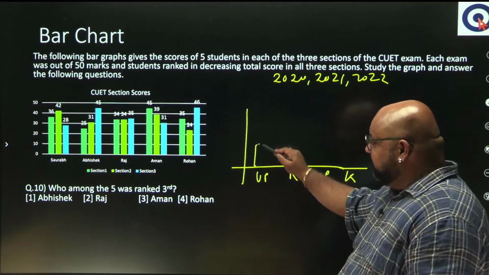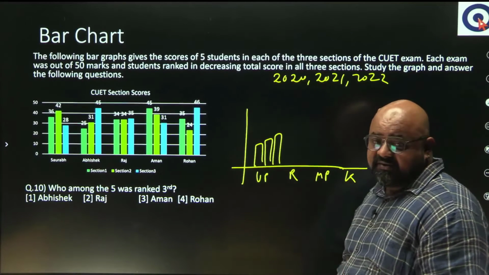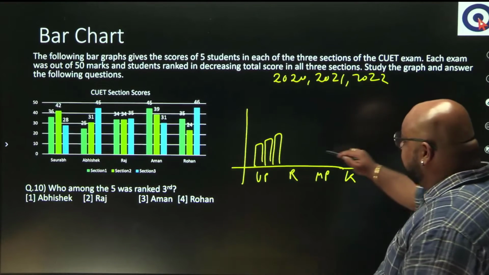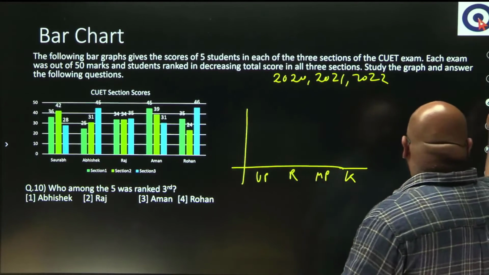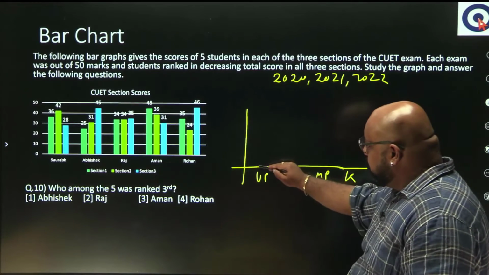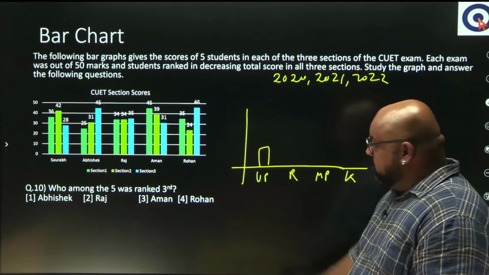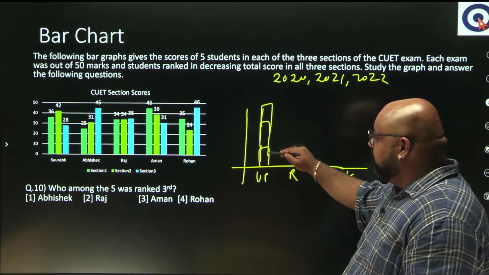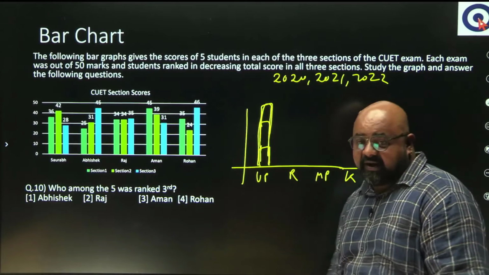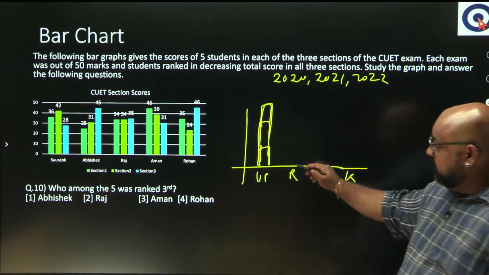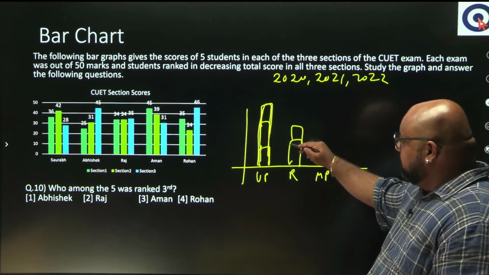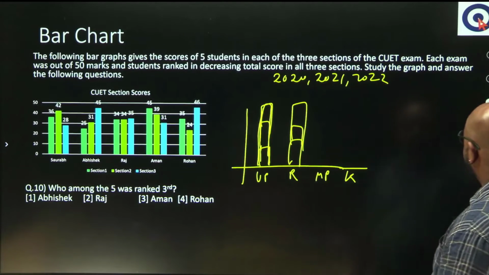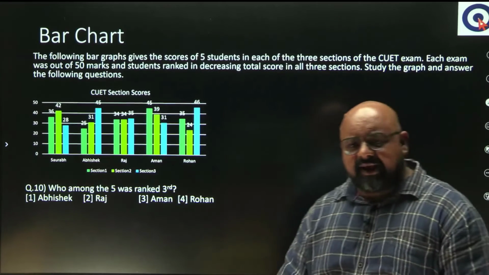So instead of having separate bars for the 3 years, I could have a case where I stack the bars one over the other. The production for 2020, the production for 2021 and the production for 2022 stacked over one another. This becomes a cumulative bar graph, right? Similarly for Rajasthan and so on.